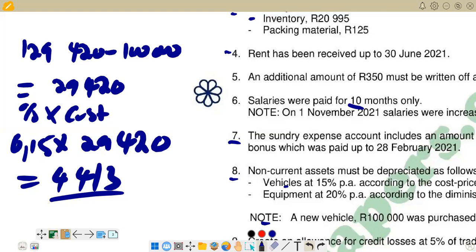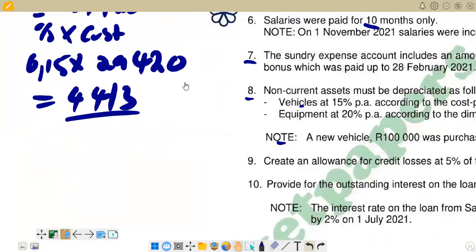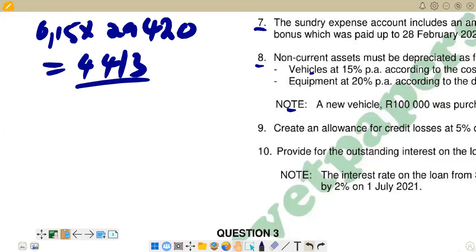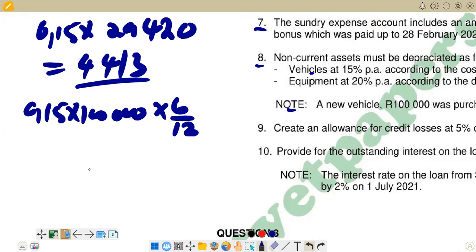Then for the one that stayed only 6 months, the 100,000, we are now saying 0.15 times 100,000. And then we get the annual amount, but this one stayed 6 months. So we are going to multiply by 6/12. Then we get the apportionment in terms of the months that the vehicle stayed.